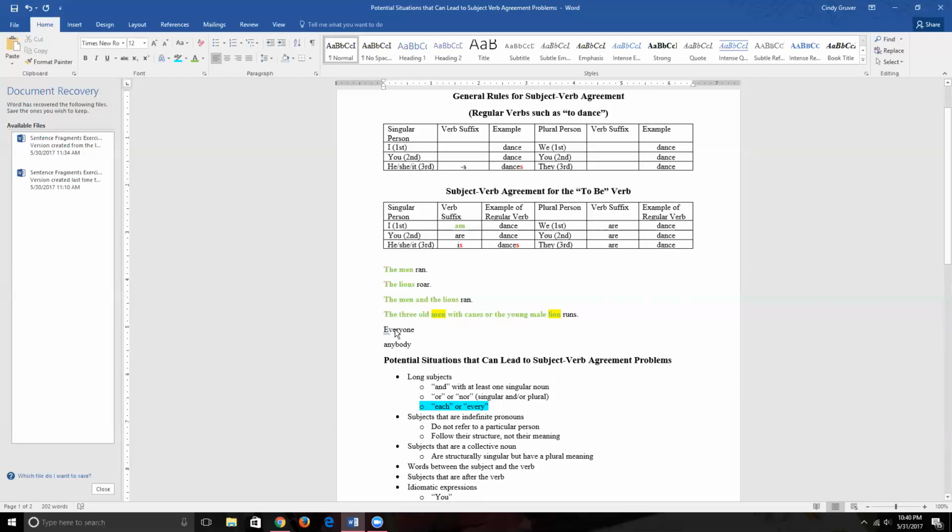When I say everyone, I'm not talking about just Bob or just Teresa or just the three old men with canes. No, I'm talking about kind of a mythical person, an abstraction. I'm not thinking about a particular person with a whole life history and all kinds of things like that. That's what an indefinite pronoun is about.